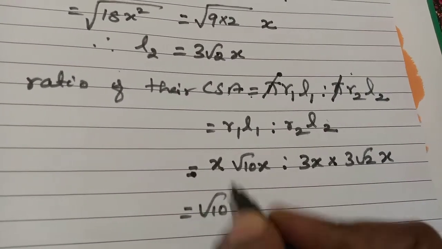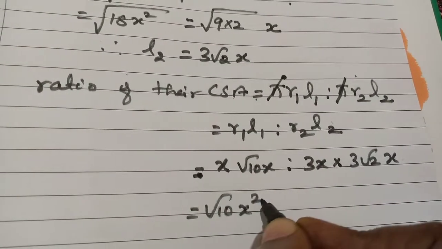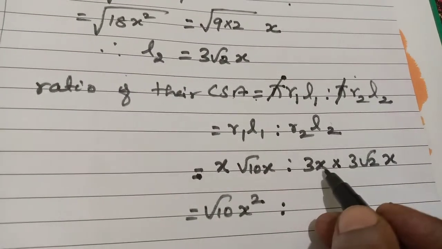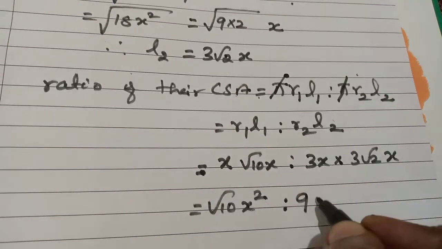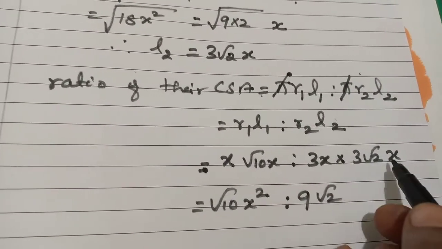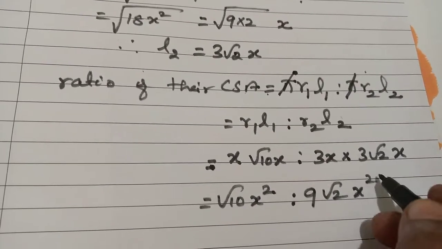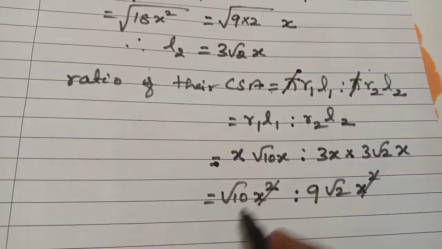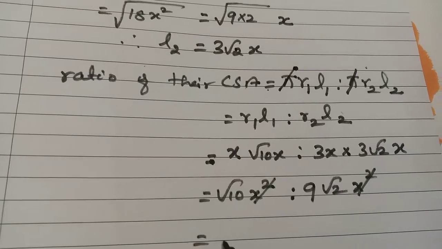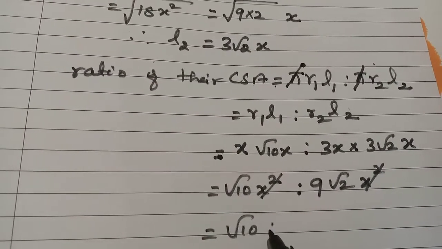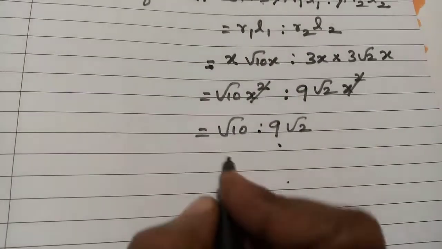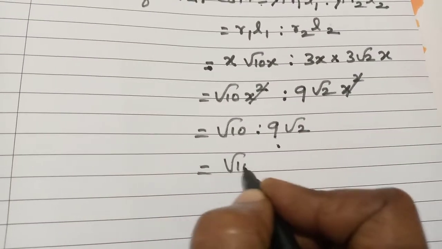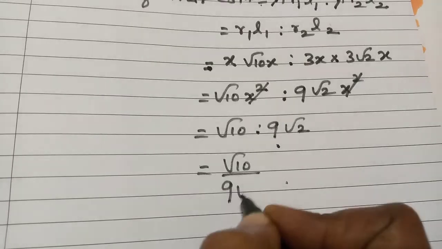Okay, which can be written as root 10 into x square is to 3 into 3, 9, root 2 is there, into x square. Here x square can be cancelled. Remaining is root 10 is to 9 root 2, which is equal to root 10 divided by 9 root 2.